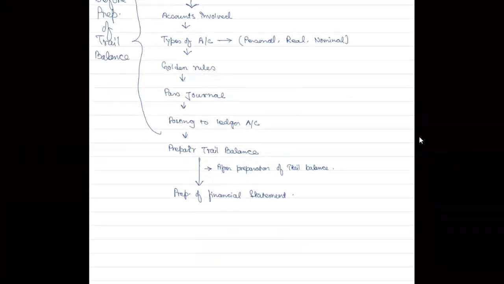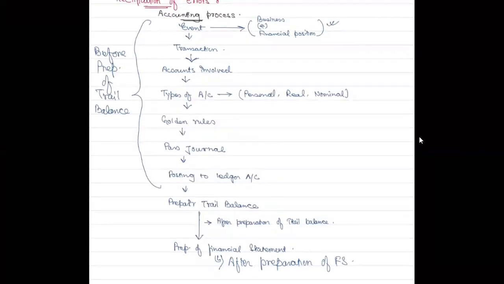And one more place is after preparation of financial statements. So these are the three places where we can rectify our errors. What are errors? Mistakes that have been made in the accounts.